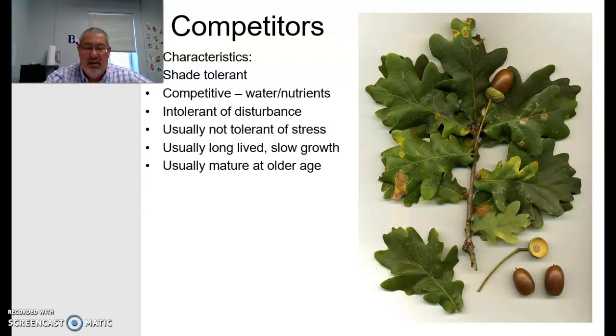If you look at the acorns, you notice how big they are, and if you were to open up an acorn, you would see the amount of food, energy that is placed into the acorn for the next generation, the seed, the seedling. So C, S, and R, different life history strategies of plants, with a lot of plants that are intermediate between those three categories.